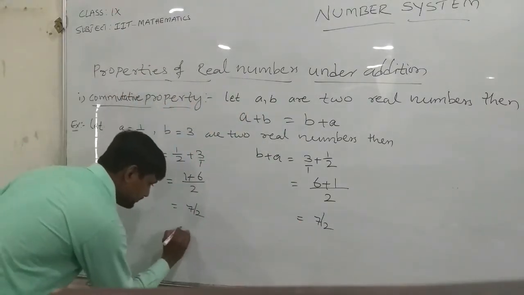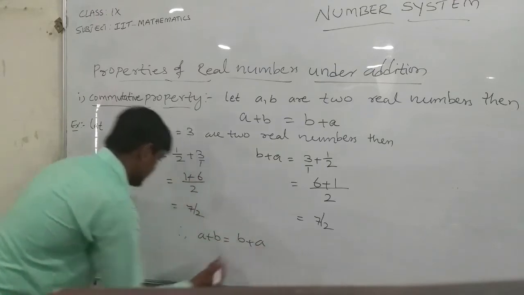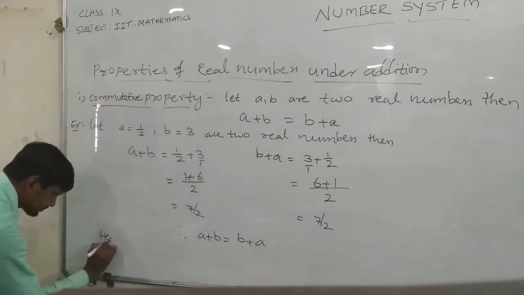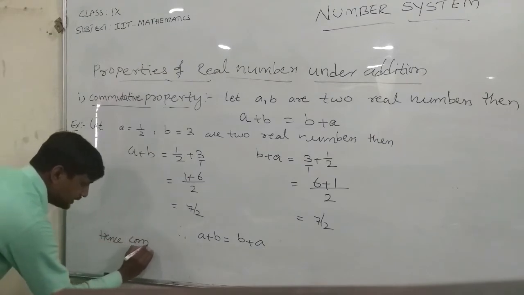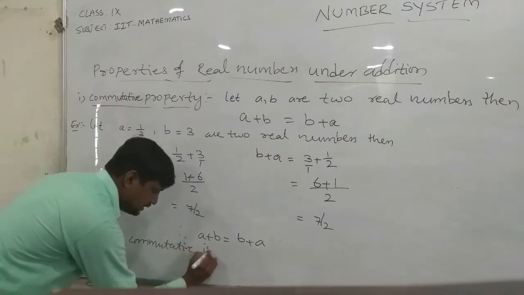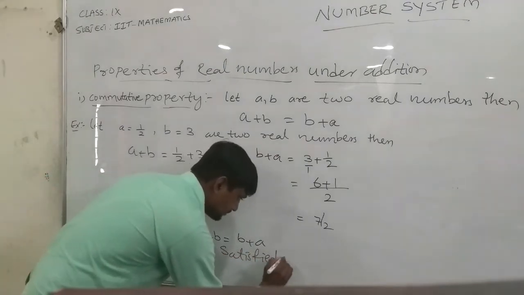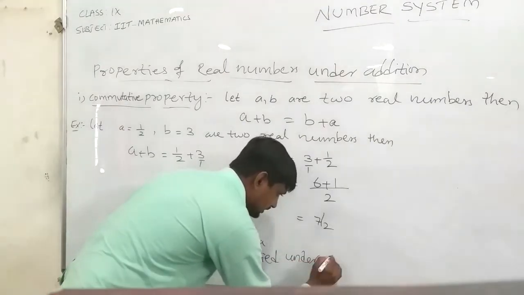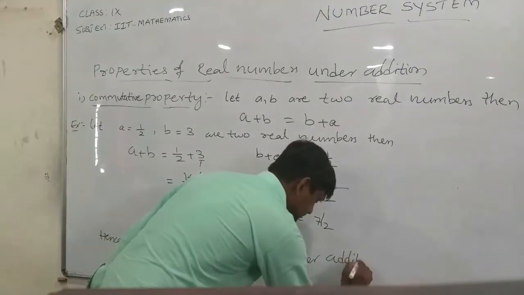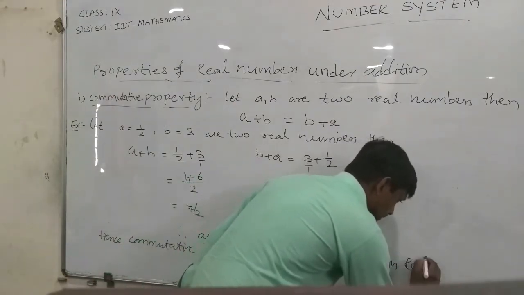So therefore A plus B is equal to B plus A. Hence commutative property is satisfied under addition in real numbers.